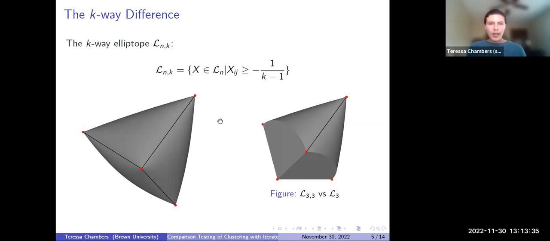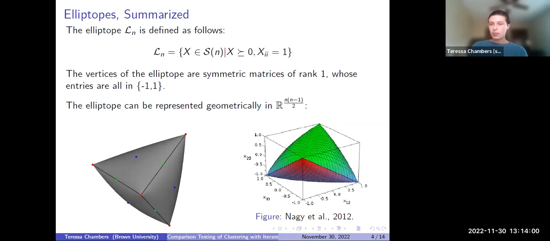So looking back at our n equals 3 case, if you think about it for a second, you'll notice that if I put in k equals 2, that wouldn't actually accomplish anything, because that would put the constraint of xij is greater than or equal to -1, which ends up just being the case for the elliptope in general regardless.